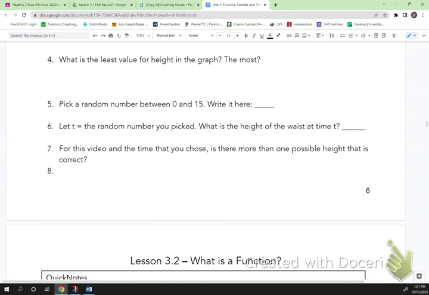For the height, what is the most? So what's the smallest height value? 0.5. Good. Now we're looking at the Y values, or the heights. What is the highest or greatest or most? 3 meters.